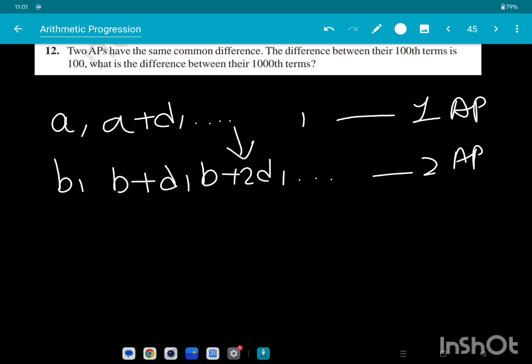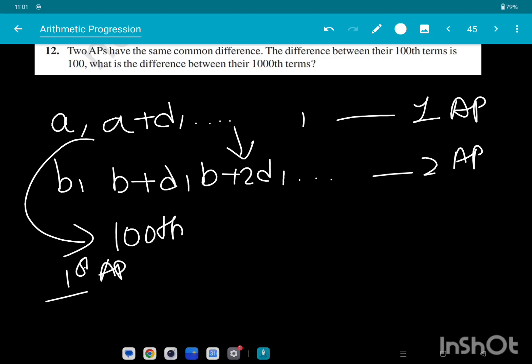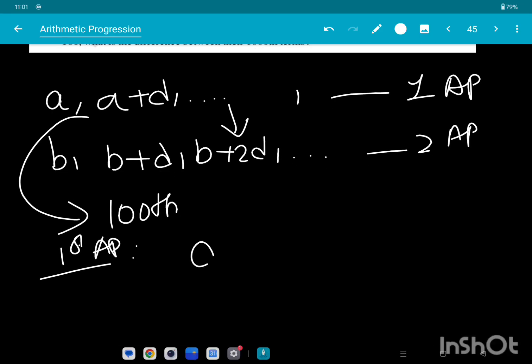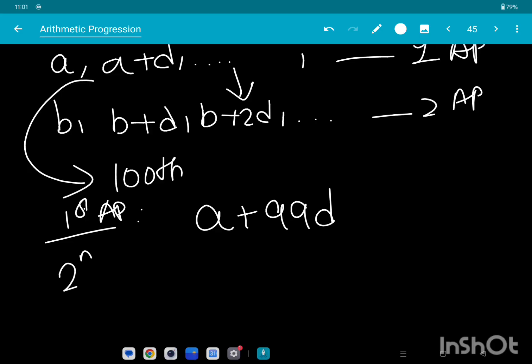So how can I find out? I will find out by using these simple terms only. What is the 100th term in the first AP? In the first AP, the 100th term is a plus 99d, right? And what is the 100th term in the second AP? b plus 99d.